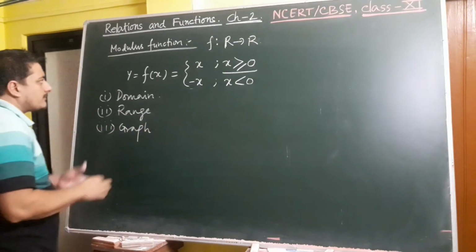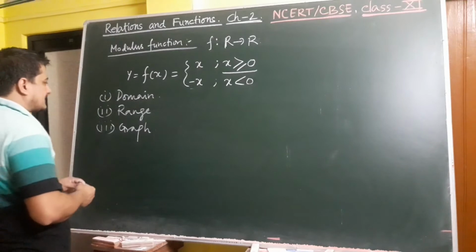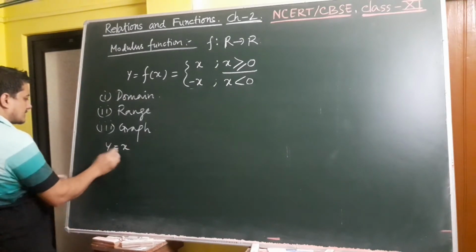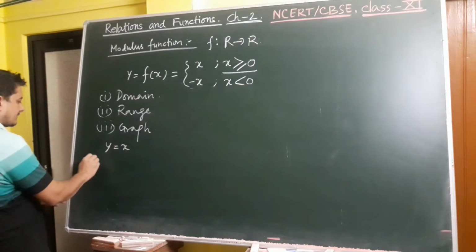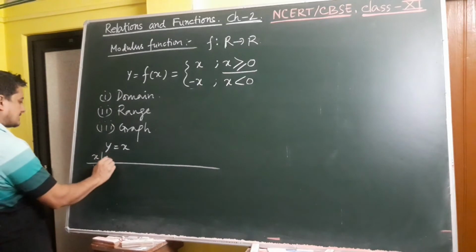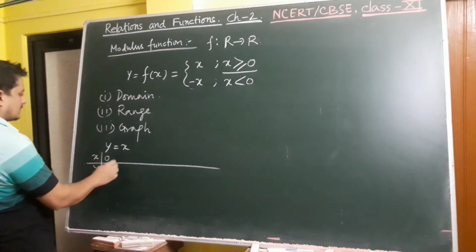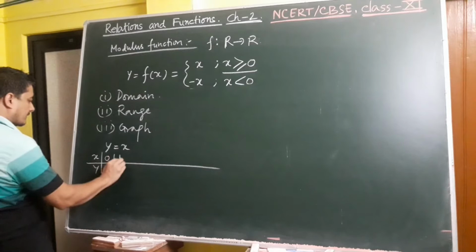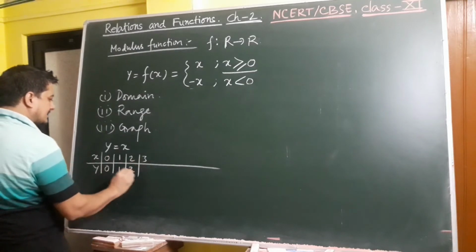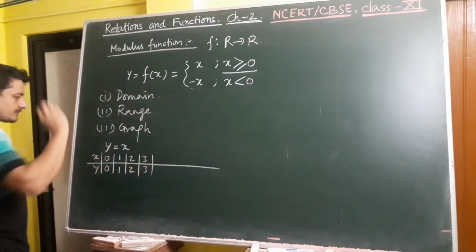My equation is, I'll first take y equals x. Here I'll take values of x and y. For 0 it is 0, for 1 it is 1, for 2 it is 2, for 3 it is 3, for 4 it is 4, it goes on like this.